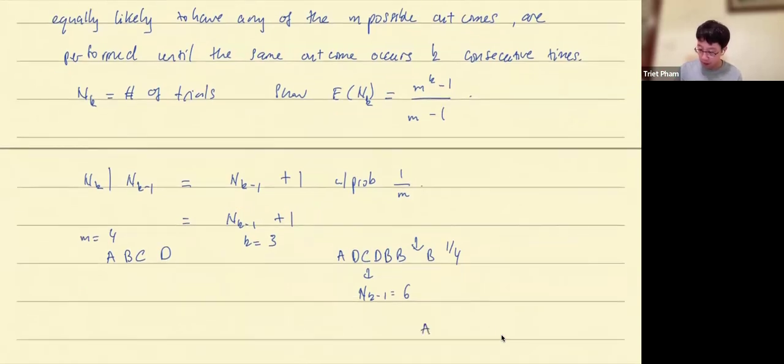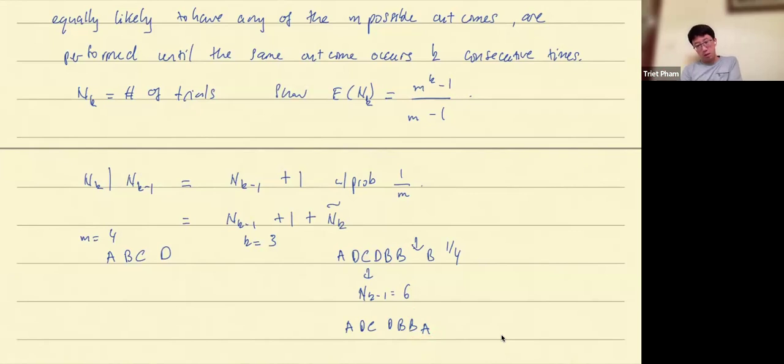Or the next time it can be any of the other types. Let's say an A again, right? If you get an A again, then well, you're back to square one, right? Because the pattern is ruined. You just have to repeat the trials. So basically, if the next outcome is not whatever you're looking for, then you will have to look for the pattern again.